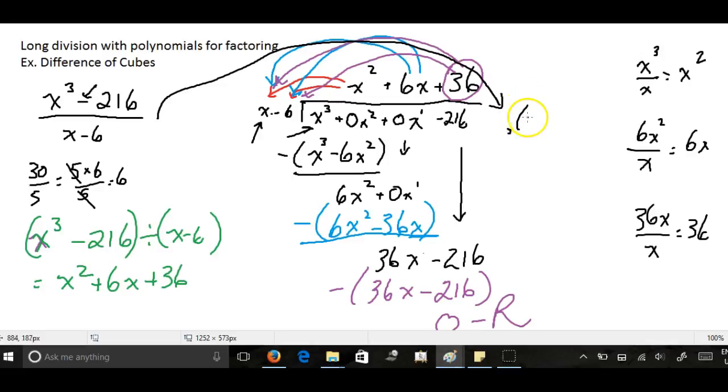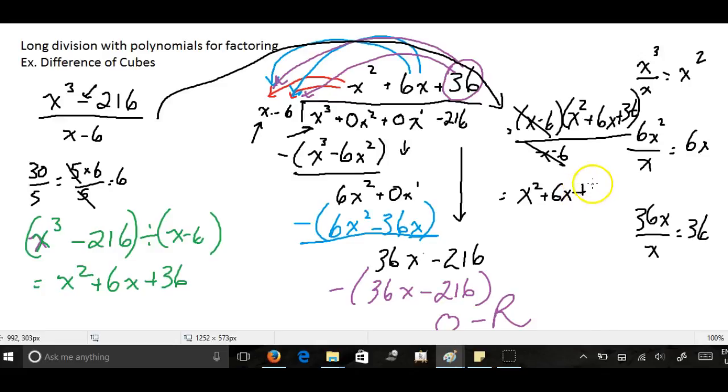So I've got x minus 6 times x squared plus 6x plus 36 over x minus 6, cancel, cancel, and x squared plus 6x plus 36 is how it simplifies. Okay, I believe this is another way to find the factors of a polynomial.